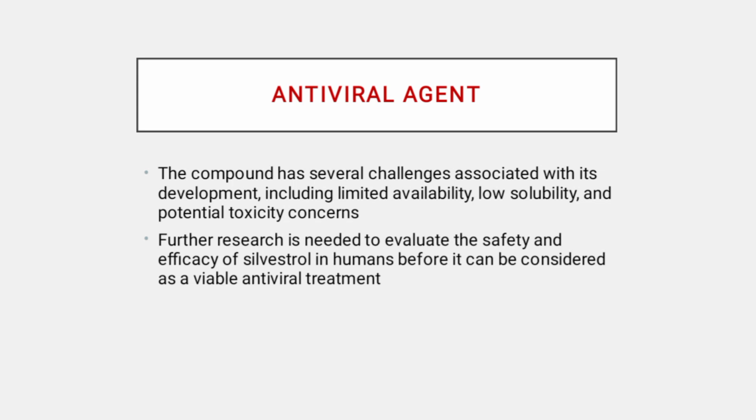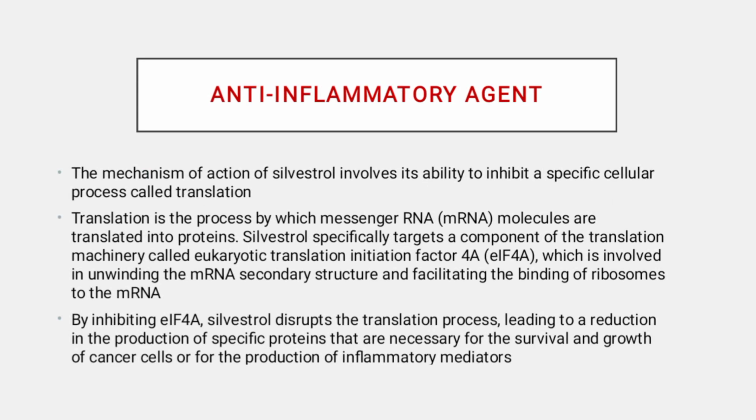So that is how it works as an anti-inflammatory agent. The mechanism of action of Silvestrol involves its ability to inhibit a specific cellular process called translation. Translation is the process by which messenger RNA molecules are translated into proteins.